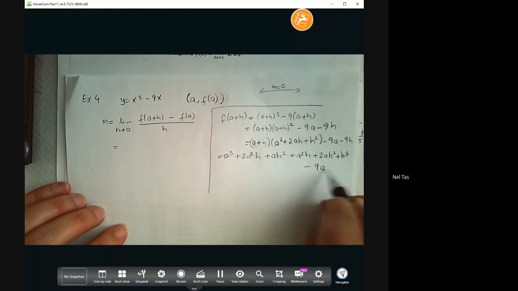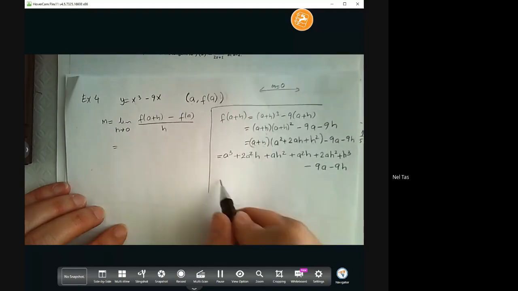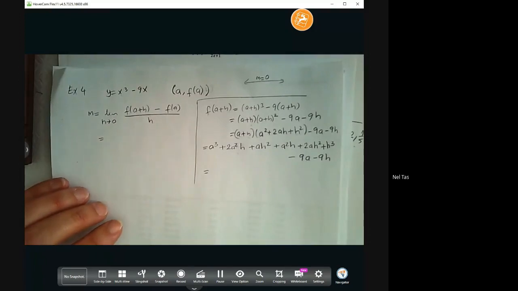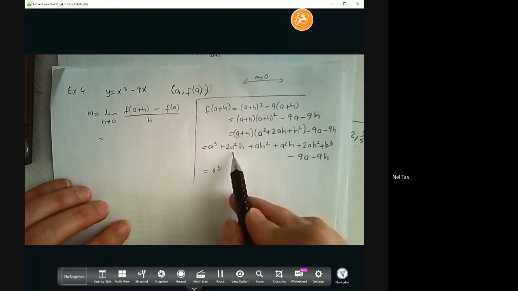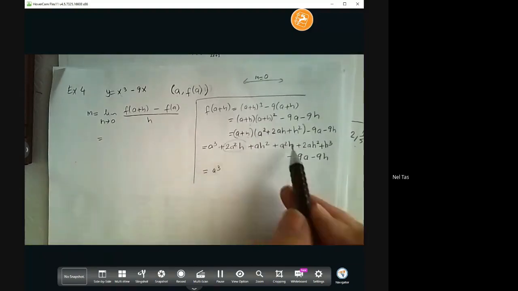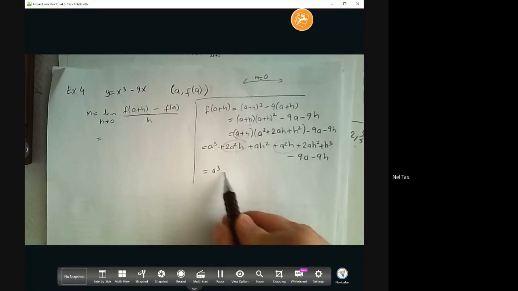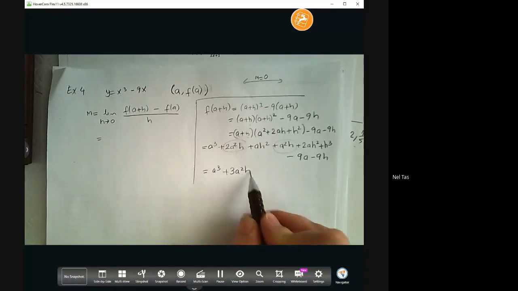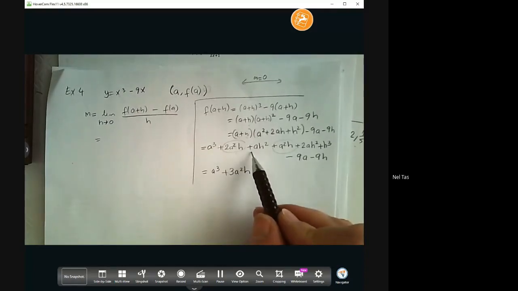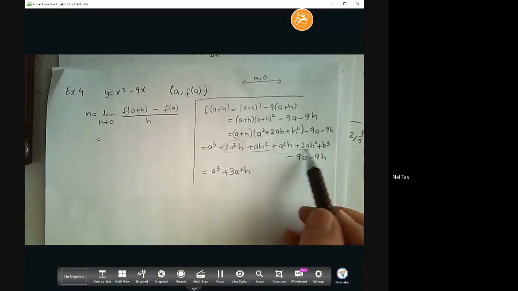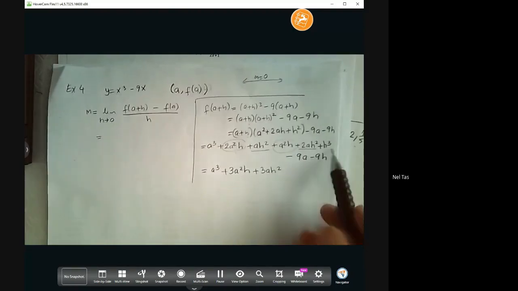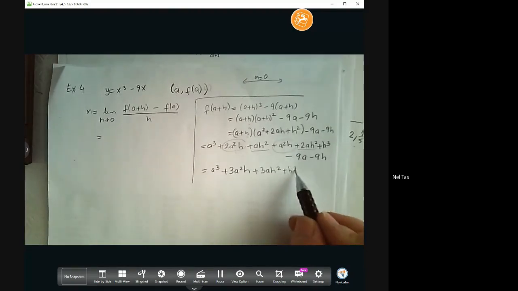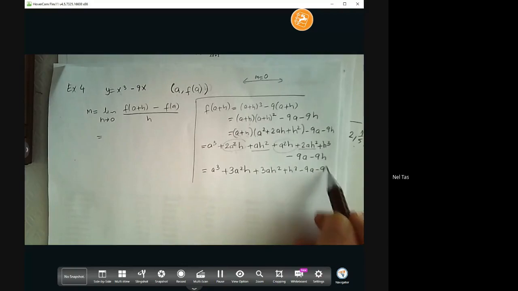I still have minus 9a minus 9h here. So collect a cubed, 2a squared h plus 1a squared h gives you 3a squared h. Then ah squared plus 2ah squared gives 3ah squared, plus h cubed, minus 9a minus 9h.